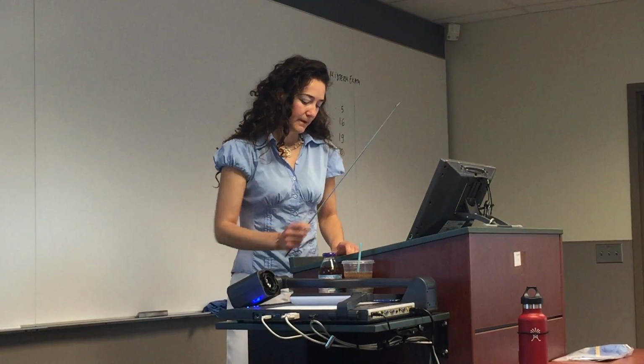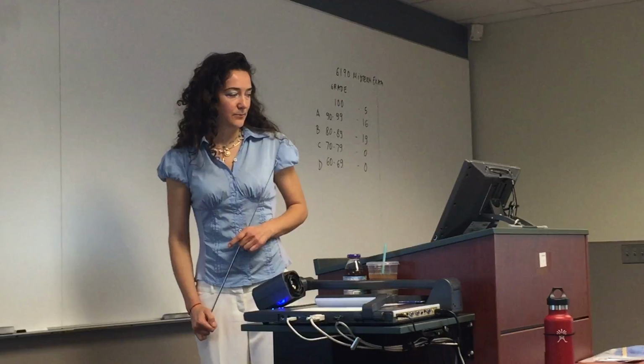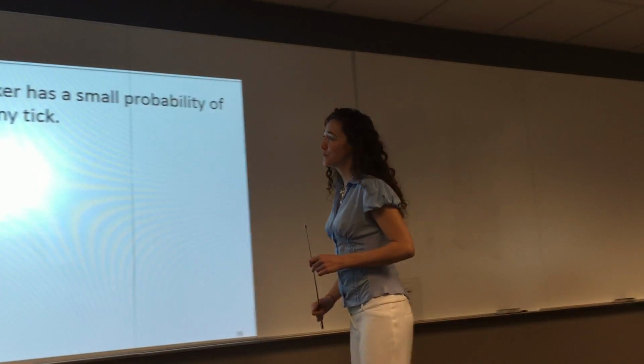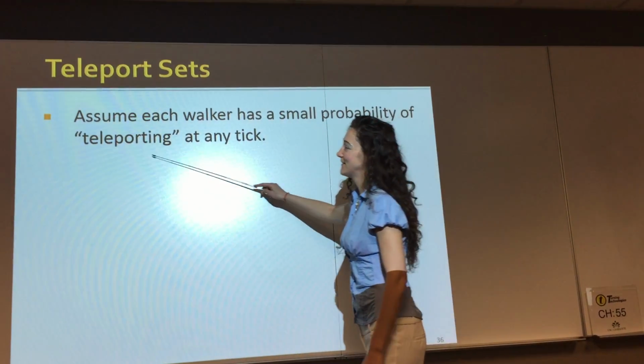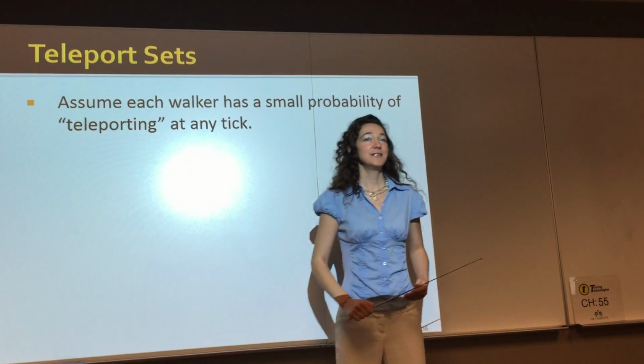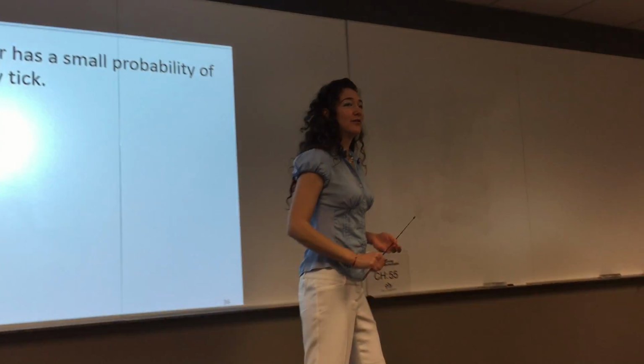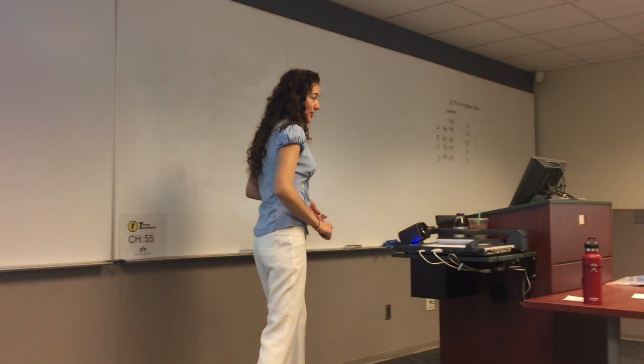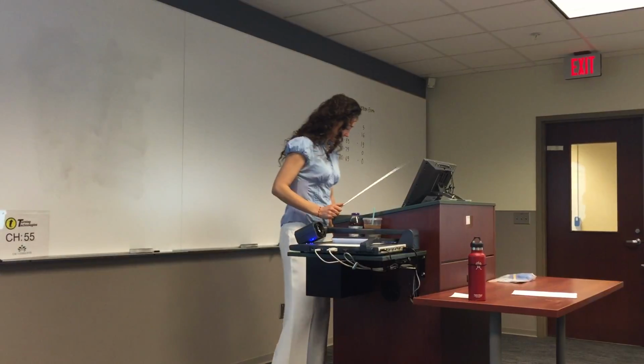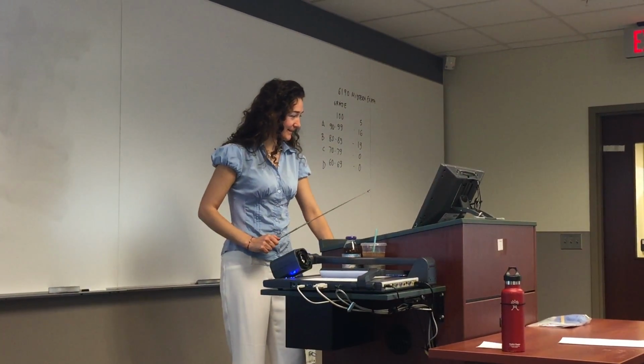We assume each walker has some chance of teleporting themselves at any given time, and the place that they will get teleported is in a set of pages that are of their interest subject. That's called the teleport set.